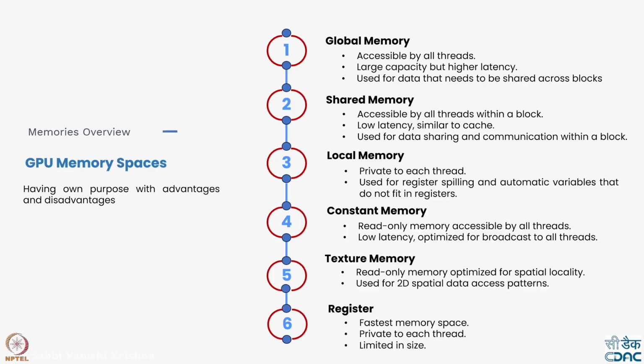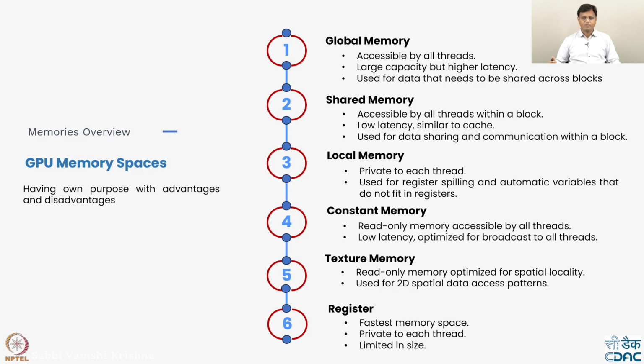You can see here that in NVIDIA GPUs there are several memory spaces available. The first one is the global memory. Global memory is a space provided by the global RAM.